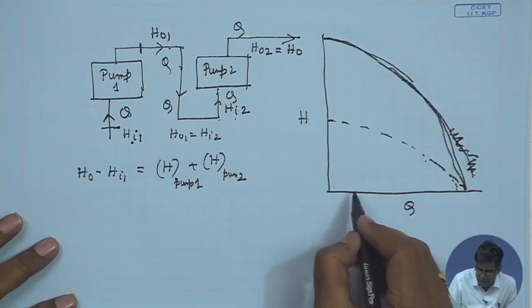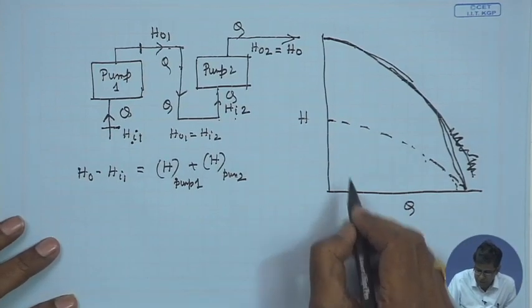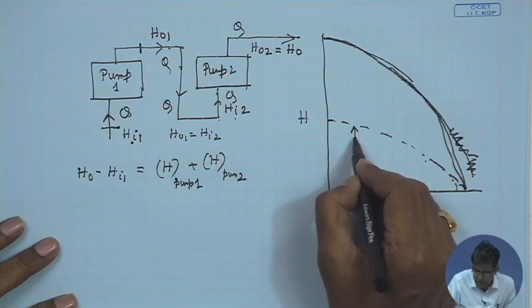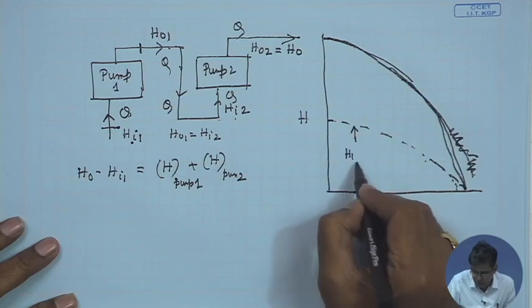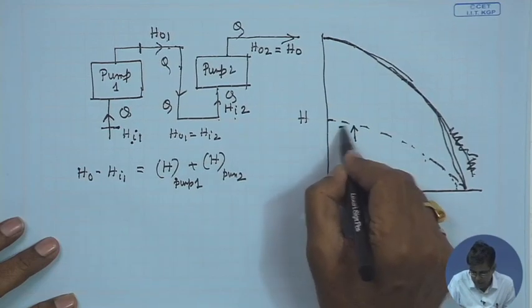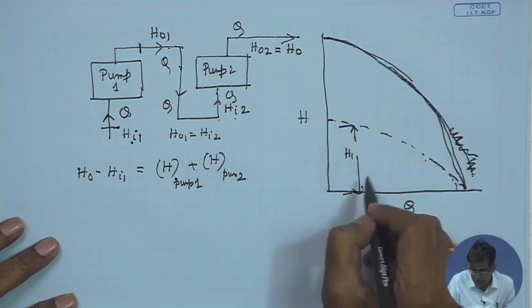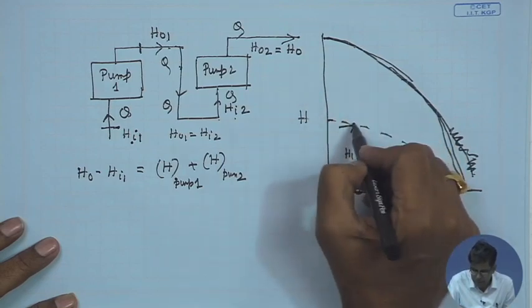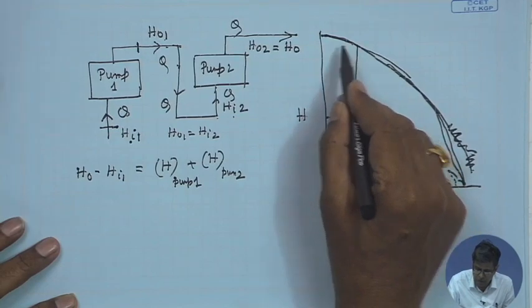That means, at any point Q, if H1 is the head developed by one pump, then the second pump will also develop H1, that means twice H1.